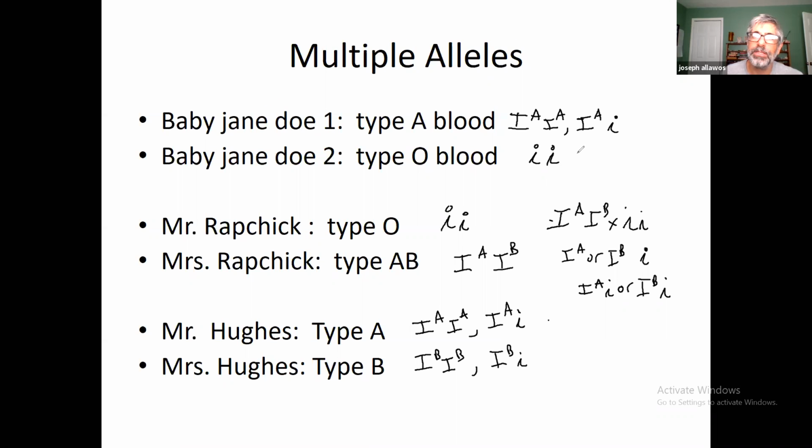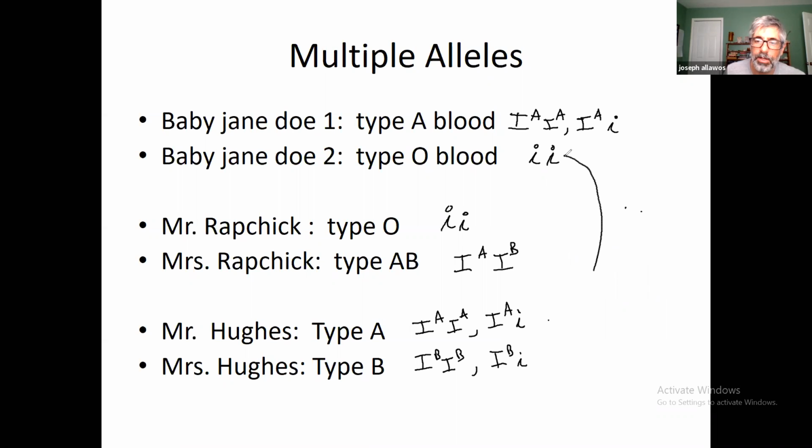So then what that means is the type O baby here, let me get rid of this to make room. What that means is the type AB baby goes down here with the Hughes. Now, with that said, do we know what their genotypes are?